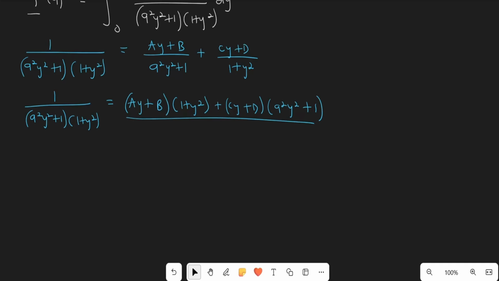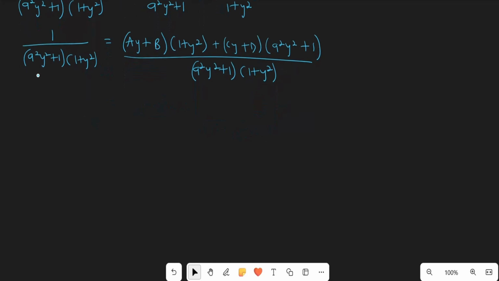All of this divided by the LCM, which is a squared y squared plus 1 multiplied by 1 plus y squared. So the denominators are the same. So let's look at the numerators. We have 1 equal to, now let's FOIL these, so that is going to be Ay plus Ay to the third, plus B plus By squared.